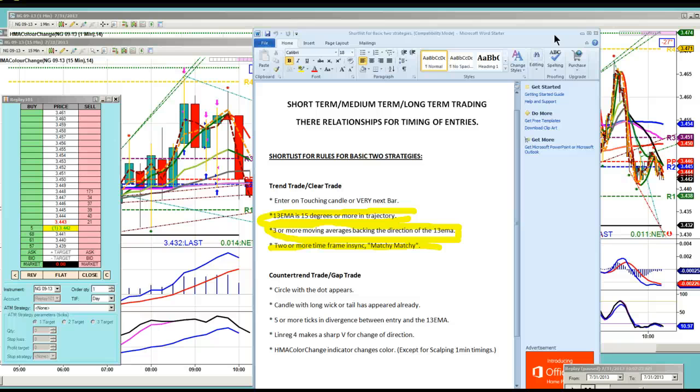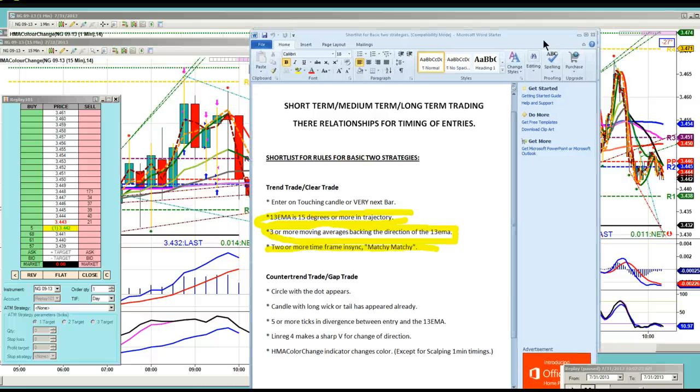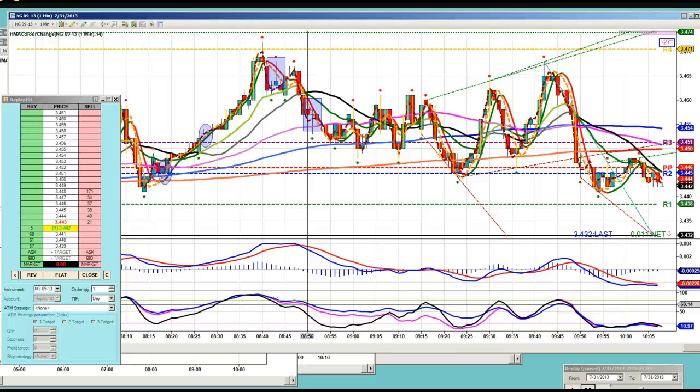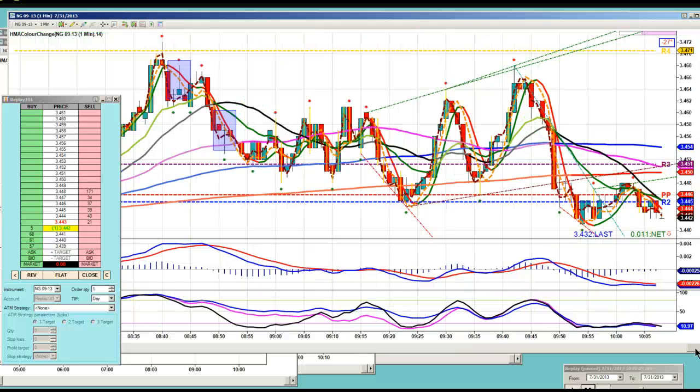So somebody asked, what's more important for entry, 1, 5, 3, or 15? Either. Doesn't matter. All the above or either or doesn't really matter. But the 1 minute will help you to get in nice and early. And as long as you trade the 1 minute nice and early when it is matching.